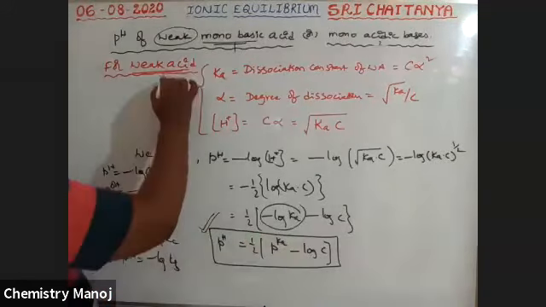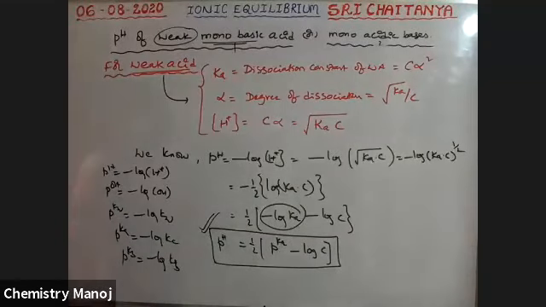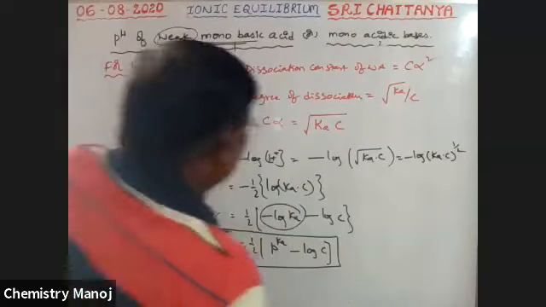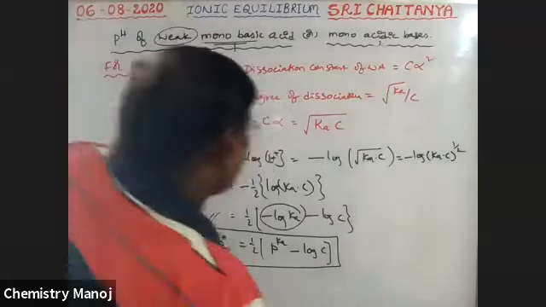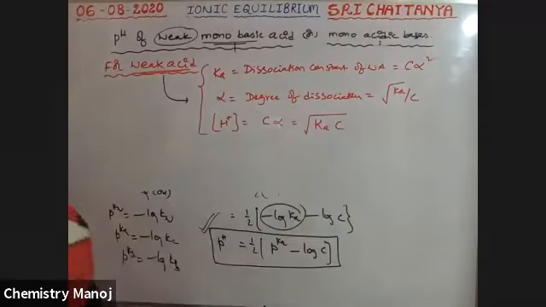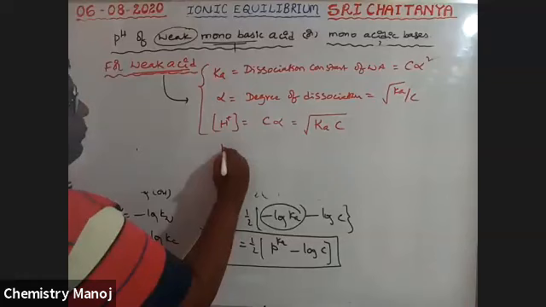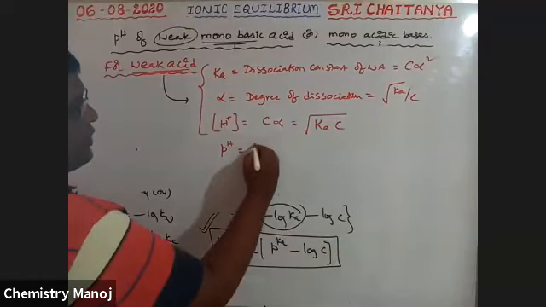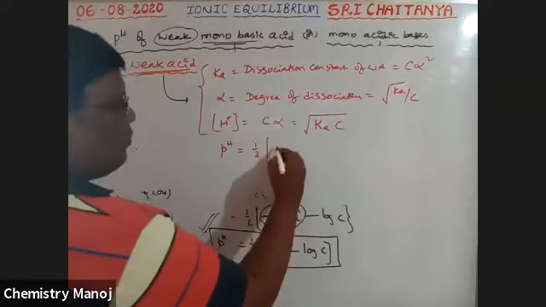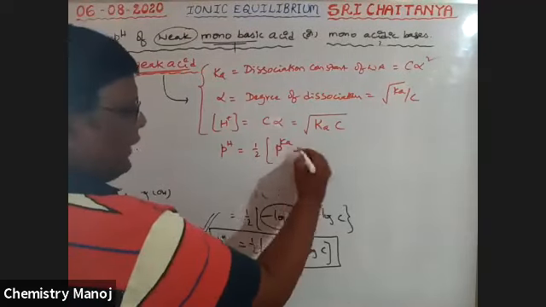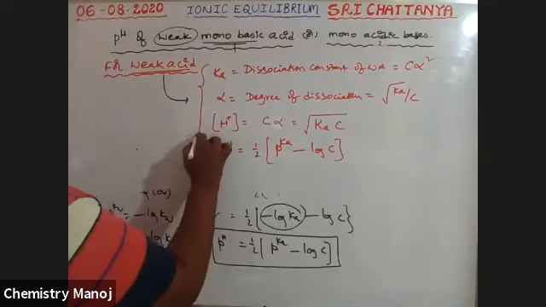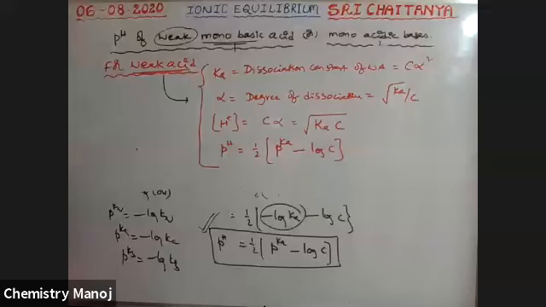So finally, the pH of weak acid is equal to 1 by 2 of pKa minus log C. This is applicable for weak acid.